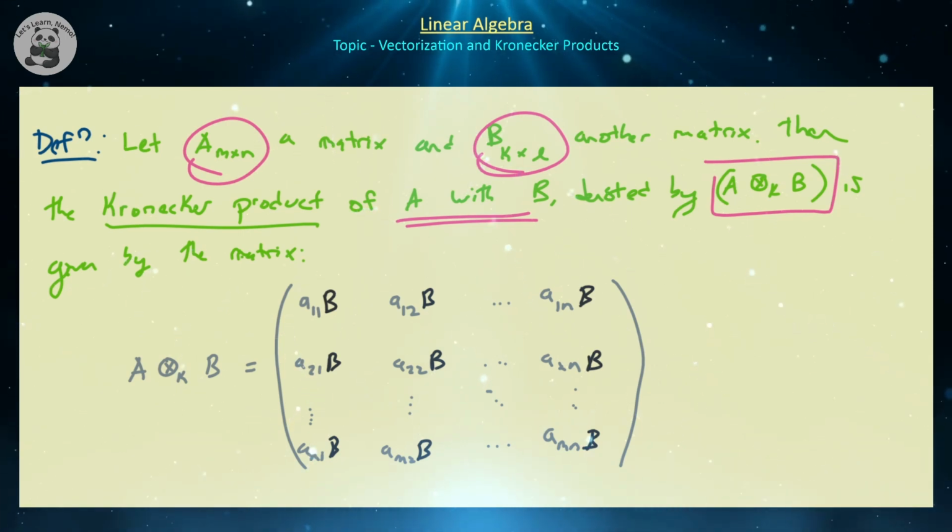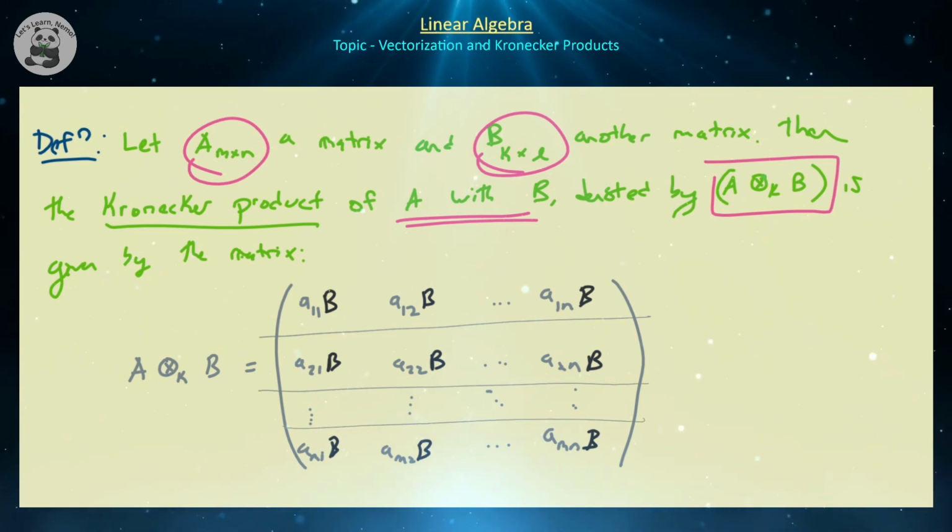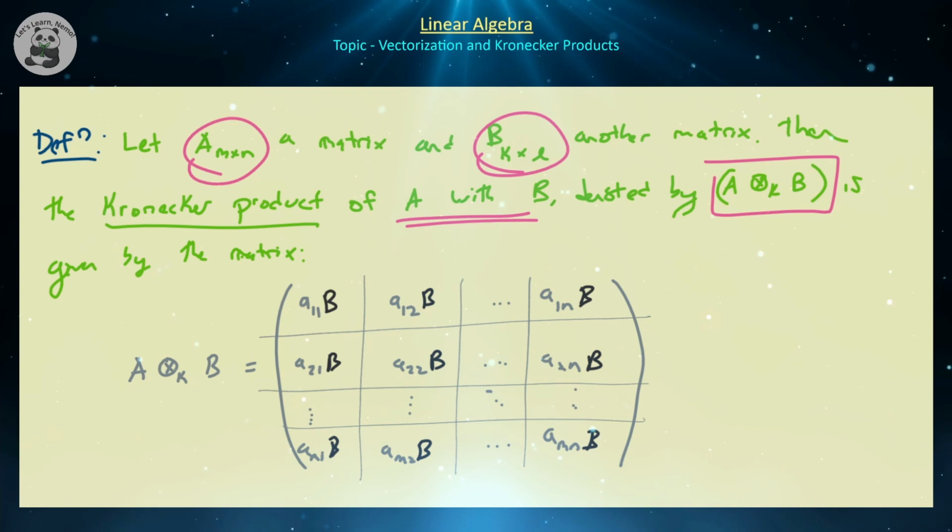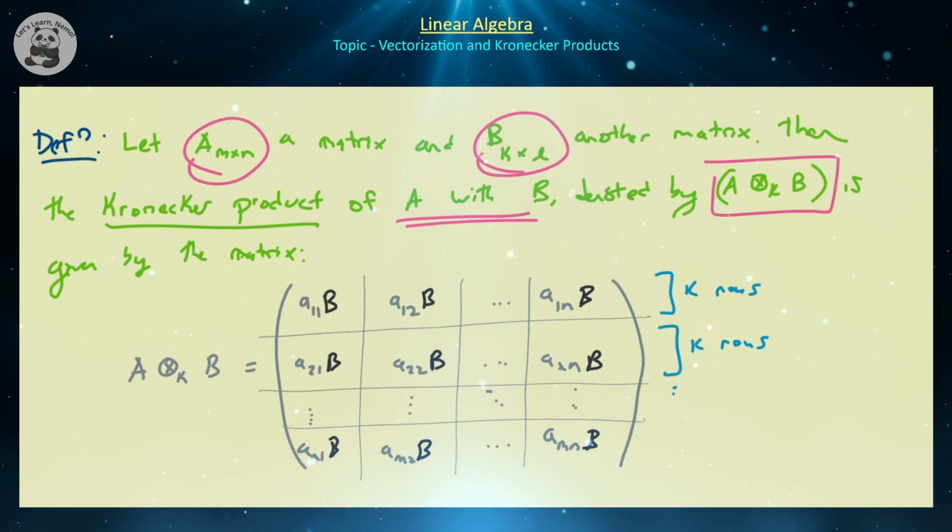Now if you take a look at what's going on here, what do we have? In each of these rows we have a matrix, and in each of these columns we also have a matrix. So how many rows does B have? Well, B has k rows, so there's going to be k rows here, and k rows here, all the way down.